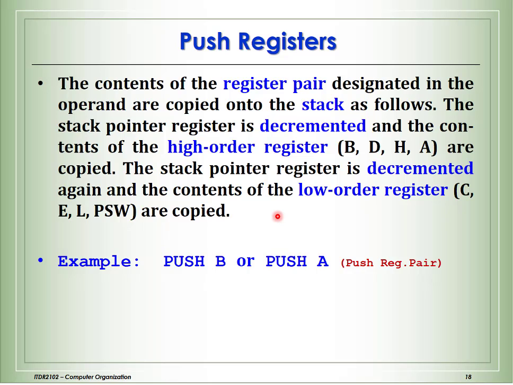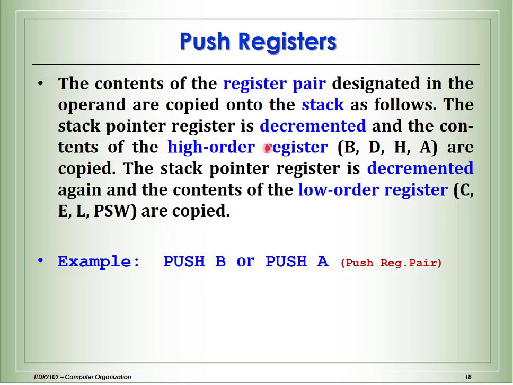So this is the same as I explained to you in the push and pop operation. In push, first of all, the stack pointer is decremented first, and then the data is loaded into the stack. Okay, so the same thing is going on here.